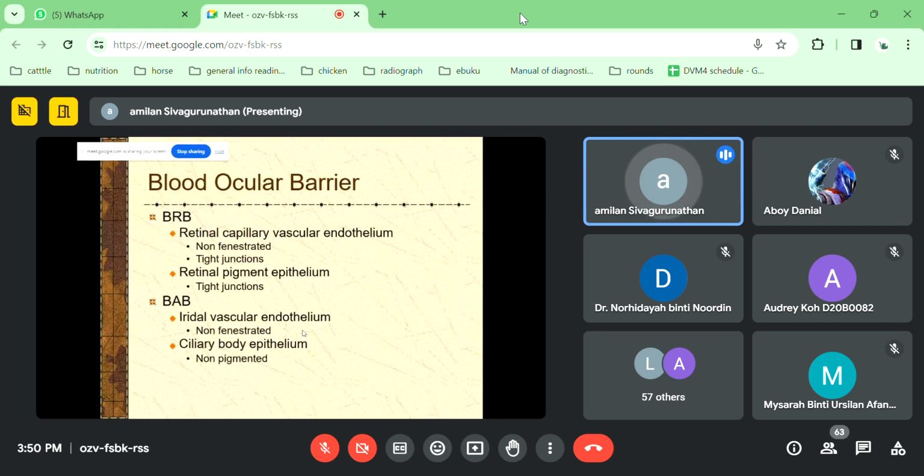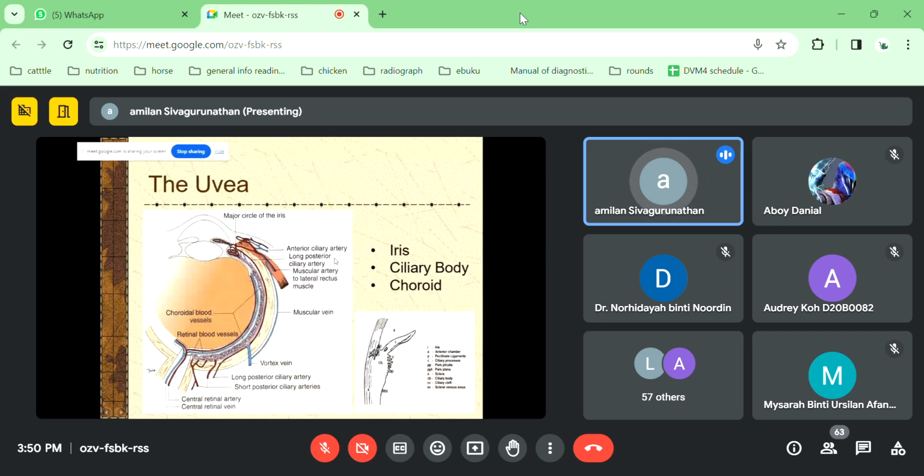The thing about the iris that we also have to appreciate before I move on to the next slide is that, apart from being a delicate network of blood vessels, it also regulates the amount of light entering the eye, so it opens and closes. And the ciliary body, which is variable in different species and comes in different shapes and sizes, supports the lens and forms an integral part of the ciliary sinus.